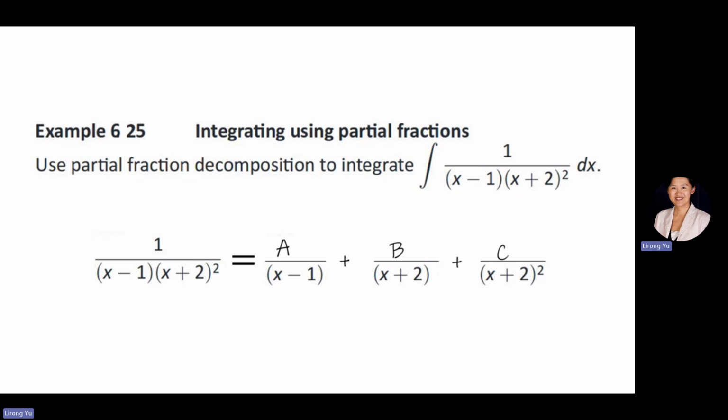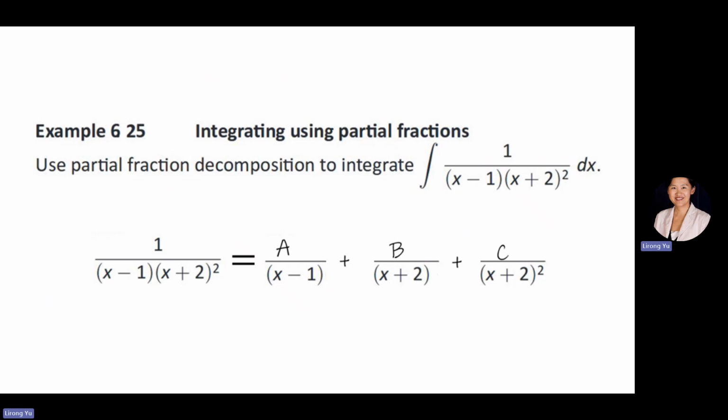We have the factor x minus one, and the factor x plus two. If this is decomposed into several small fractions, one of them has to have x minus one in the denominator with a number as the numerator, and then two of them have x plus two: one with power one and one with power two.